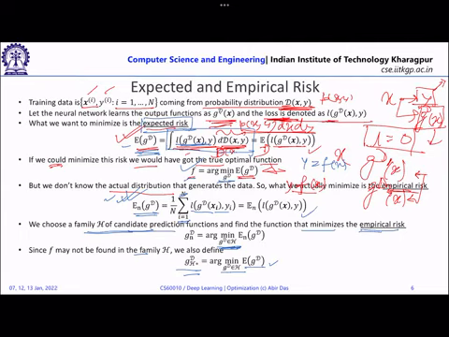So when you sum it, you are summing 900 cat losses and 100 dog losses. So it's not equal probability, right? That is where the catch is.